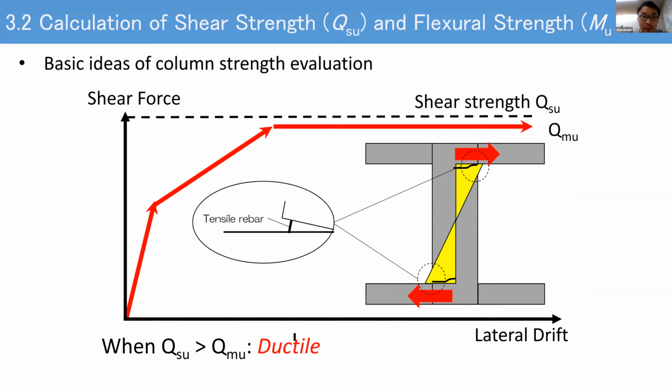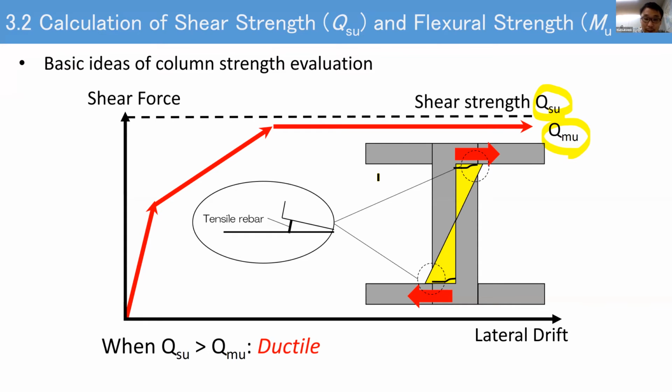This is a backbone curve of an example column. Sorry, just a moment. If shear strength QSU is larger than flexural strength QMU, the backbone curve will be like this.